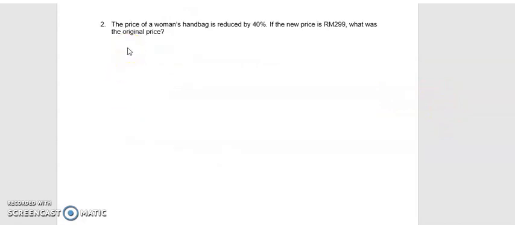Okay, now let's look at question number 2 here. The price of a women's handbag is reduced by 40%. Reduce means markdown, okay? If the new price is 299, so the new price is RN 299. What was the original price?